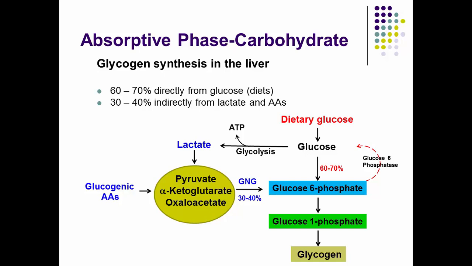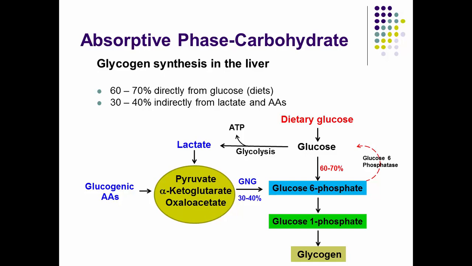The dietary glucose, once absorbed, actually 20% of the absorbed glucose goes to the liver. And this 60 to 70% means that of the glucose contributing to glycogen, 60 or 70% is from dietary glucose.